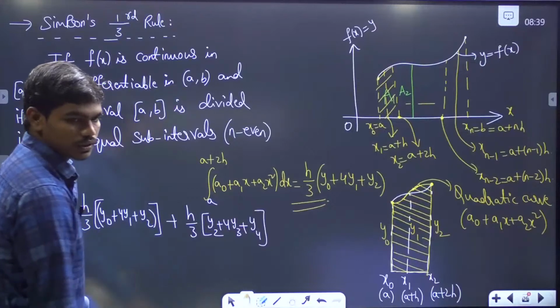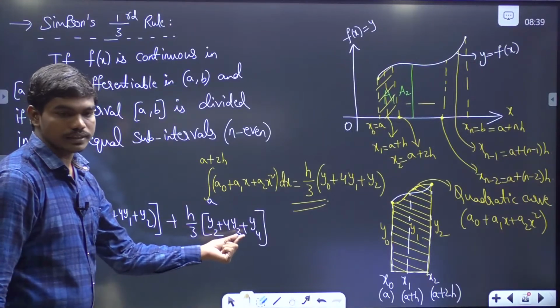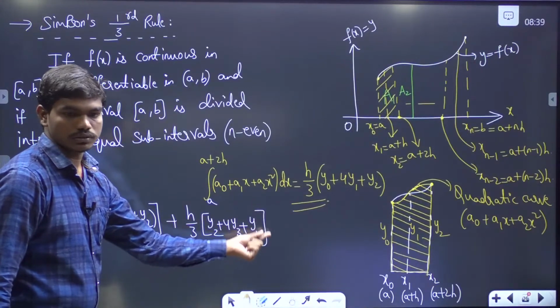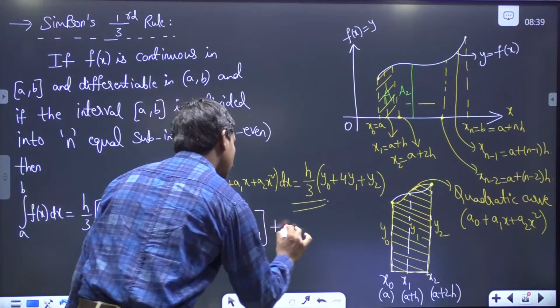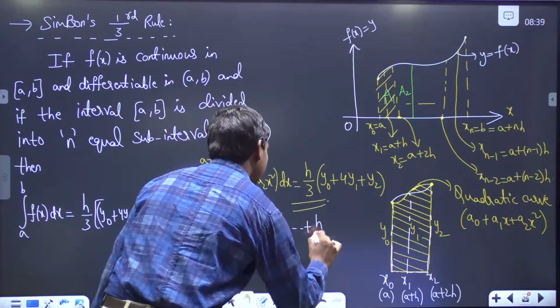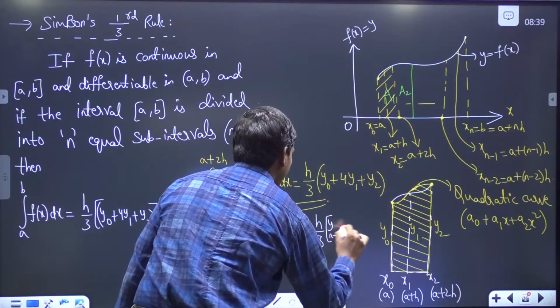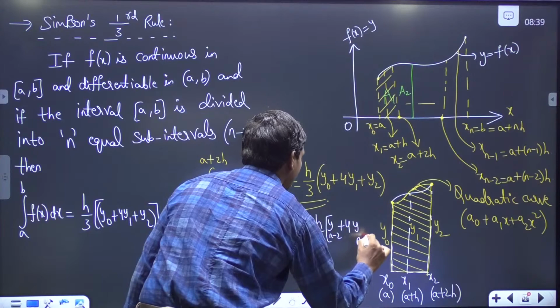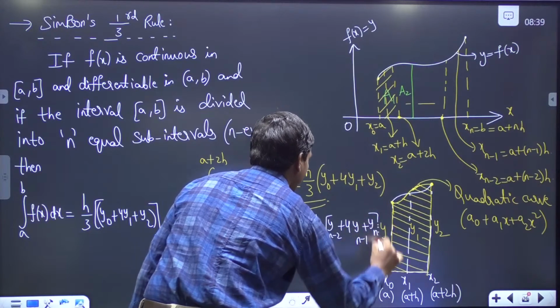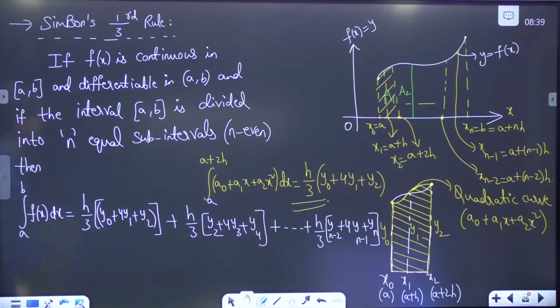And so on. This goes on till h by 3 into, for the last set of intervals, yn minus 2 plus 4 times yn minus 1 plus yn. This is what we'll be getting as the expression.